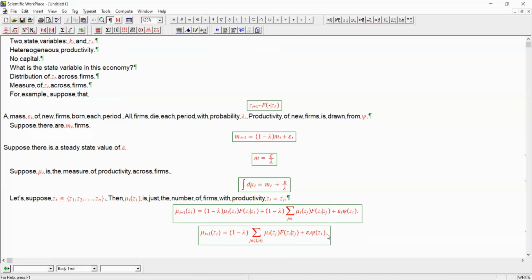There. So that's the transition function for the case where we have a finite number of z's. So this is a transition function for the measure.